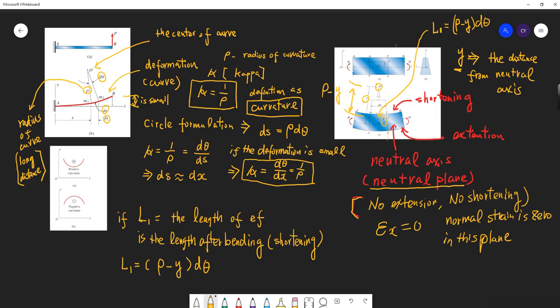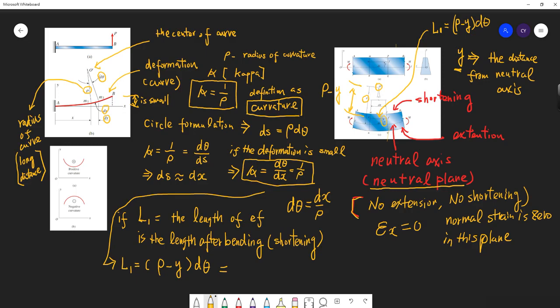And according to this equation, we can get, because now dx is equal to rho d theta, so d theta is equal to dx divided by rho.